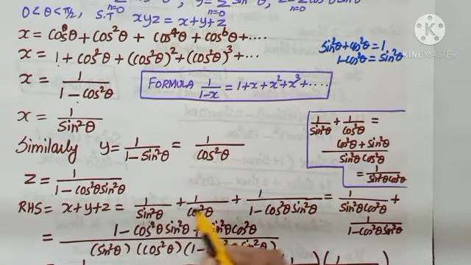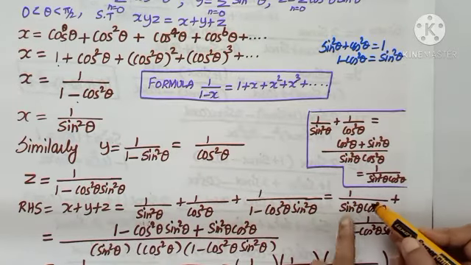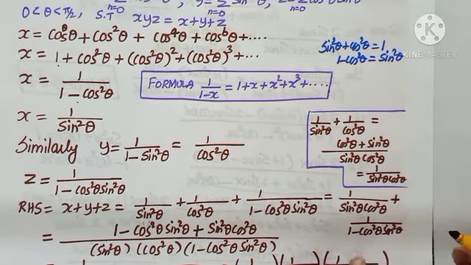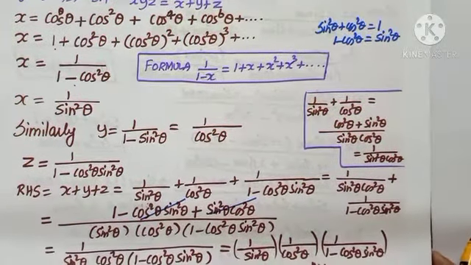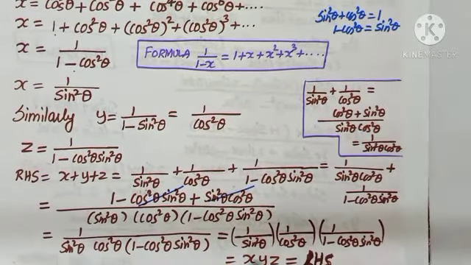Write the third term. Now, I need to add these two. LCM sin square cos square into 1 minus cos square sin square. Numerator, cross multiply. This term will go here, this term will come here. Again, plus sin square cos square minus sin square cos square gets cancelled. We are left with 1 in the numerator.